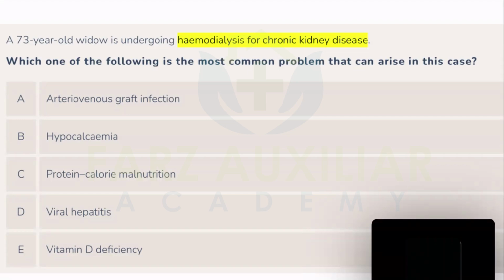A non-CKD patient in ICU requires around 1.2 grams per kg body weight of protein per day. A person suffering from CKD requires 1.5 grams per kg per day. And the person undergoing hemodialysis for CKD, you can give 1.5 or even a bit more, 1.7 grams per kg body weight per day.